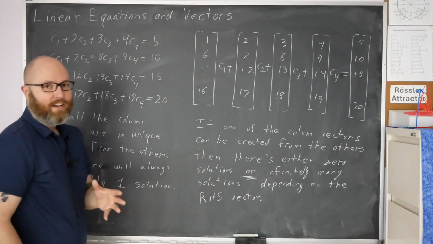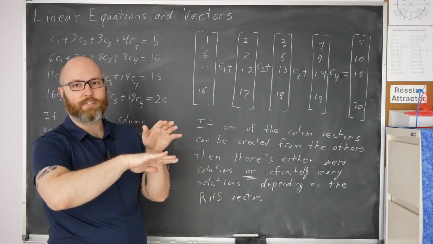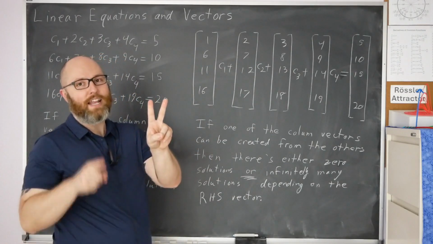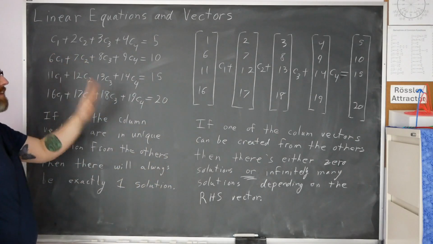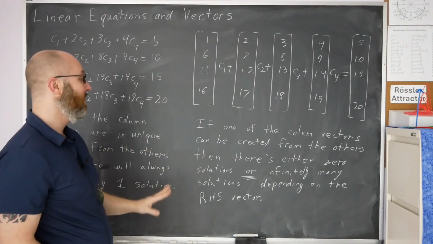It's like in three-dimensional space, a plane is a two-dimensional slice. In two-dimensional space, a line is a one-dimensional slice. That logic continues up. All right, so that's the idea.